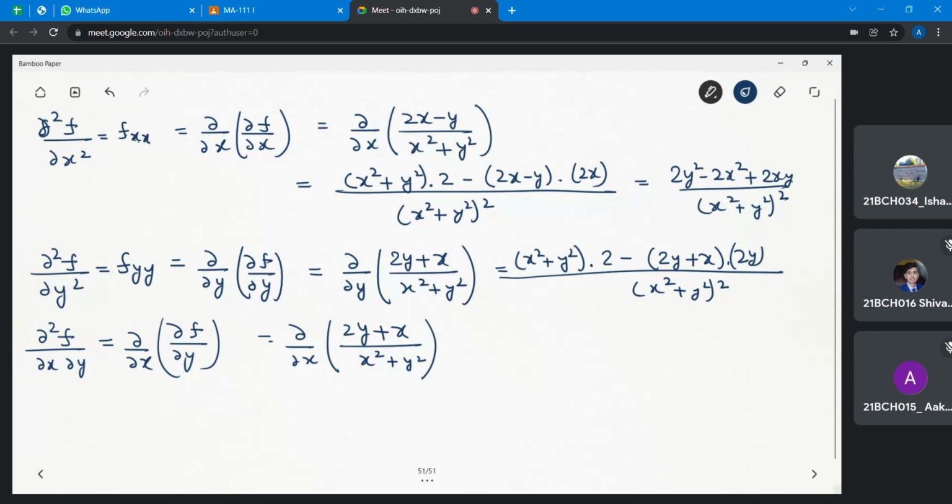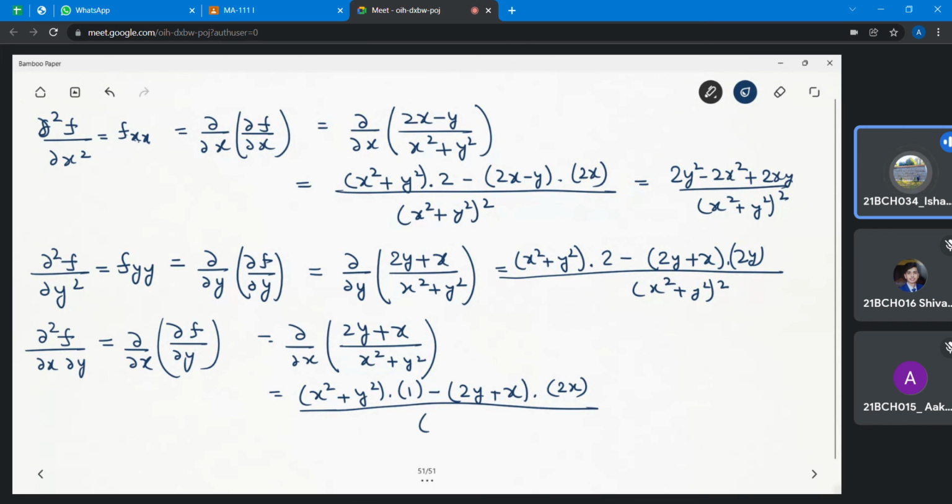So this will be (x square plus y square) into 1, minus (2y plus x) into 2x, upon (x square plus y square) whole square. This is nothing but y square minus x square minus 4xy upon (x square plus y square) whole square.